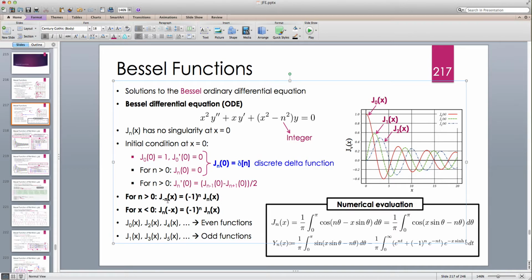Later we see that when this goes to non-integer indices, j minus nu, this minus 1 becomes basically a complex number, because minus 1 has a complex representation, which is e to the j pi.